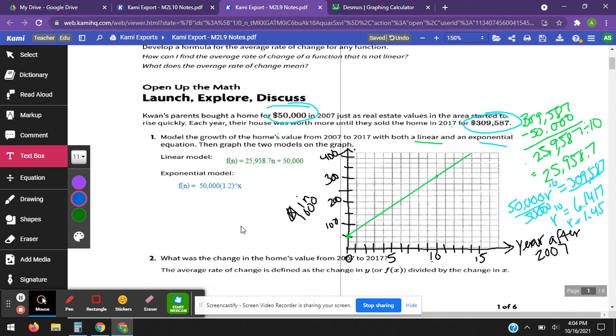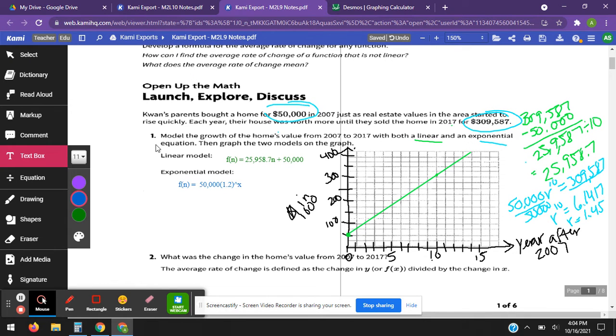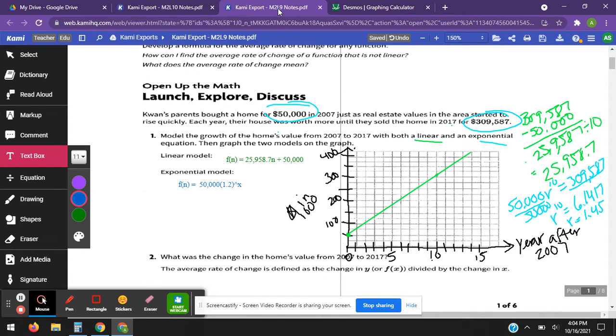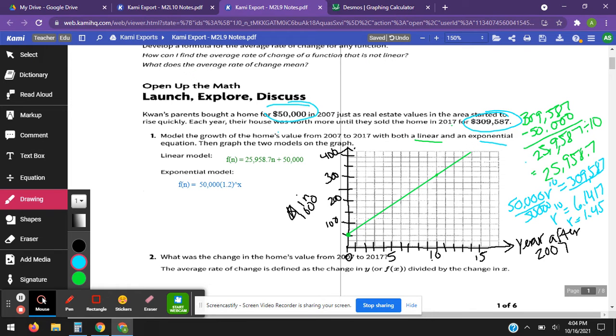Okay, so when I graph that, I have some points. At 1 is 60,000, so I'm going to plot that on here. It's between 50 and 75, so I'm going underneath here.